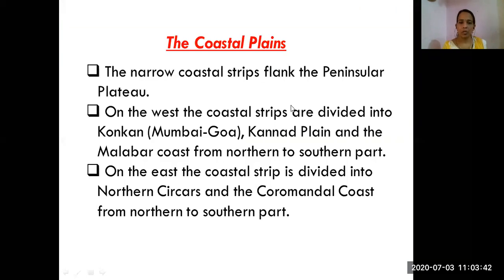It is about the coastal plain. The information is all given, you can read it. The narrow coastal strips thanks to the Peninsular Plateau. On the west, the Konkan, Kannada, and the Malabar coast, from north to south. And the eastern coastal strip is divided into two parts, that is the Northern Sirkars and the Coromandel Coast. All these things we have studied about the coastal plains.